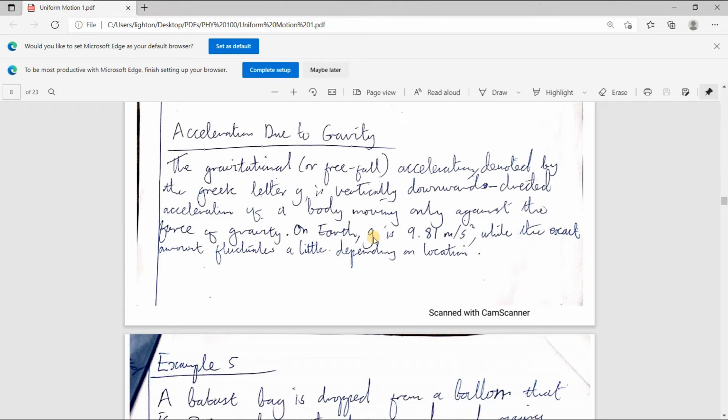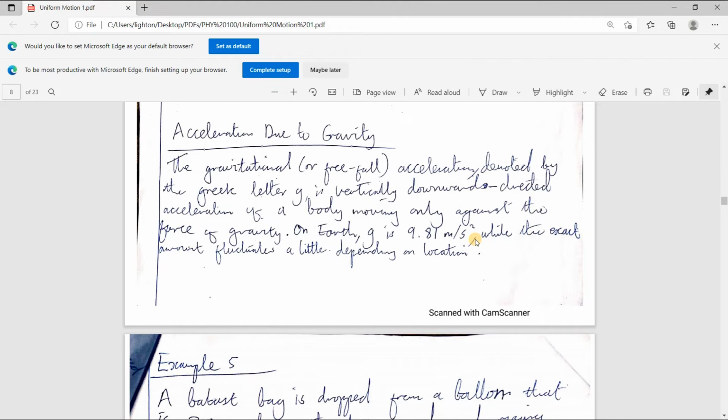That's the gravitational constant, g, which is 9.81 meters per second squared, while the exact amount fluctuates a little depending on location. So it may differ depending on where someone is. You may find that someone on the North Pole may experience a different gravitational force from someone on the South Pole, or someone on the equator.